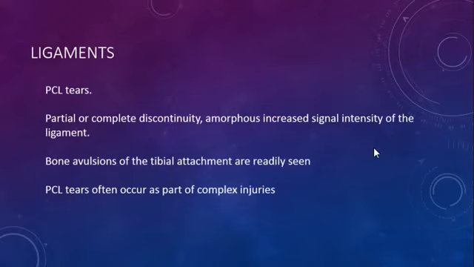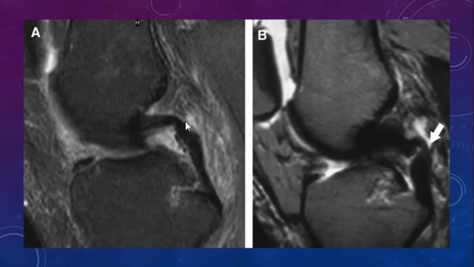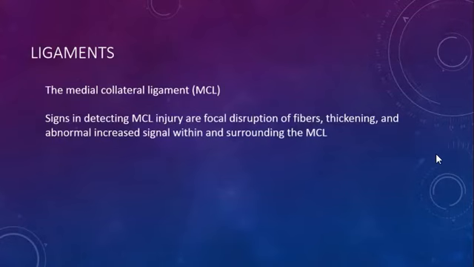So it also can present with partial or complete discontinuity, can appear as amorphous increased signal intensity in the ligament, with bone avulsion of the tibial attachment easily seen. You can see here this is the normal posterior cruciate ligament, and here is an abnormal irregular posterior cruciate ligament indicating a tear.